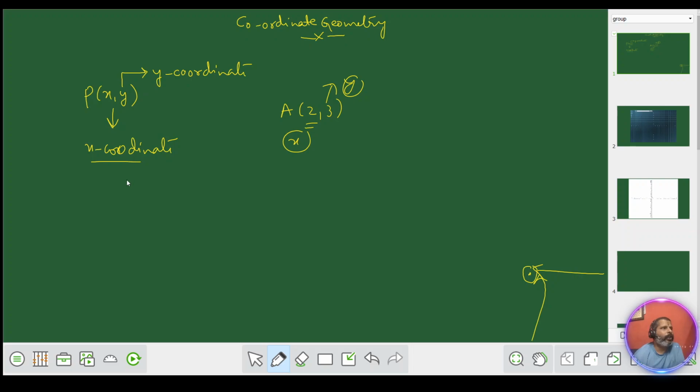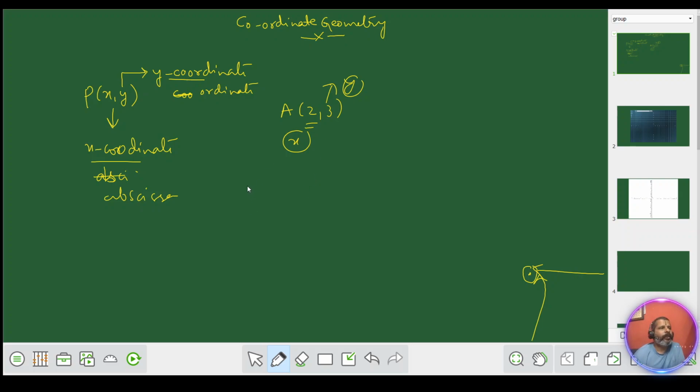X coordinate is also called abscissa. The y coordinate is also called ordinate. Remember this basics actually.